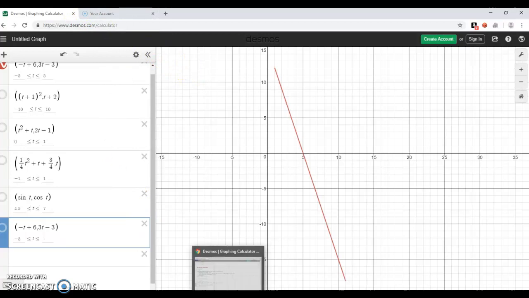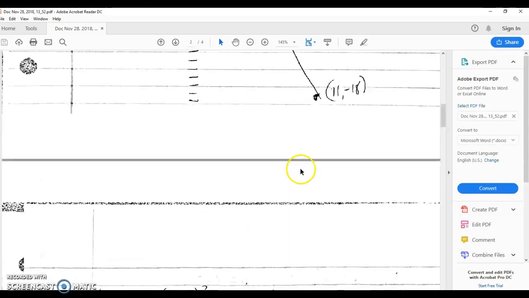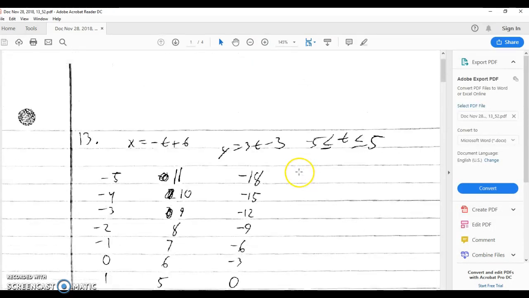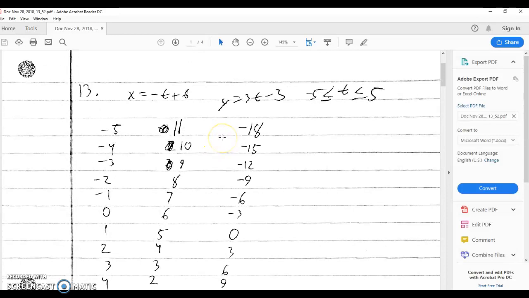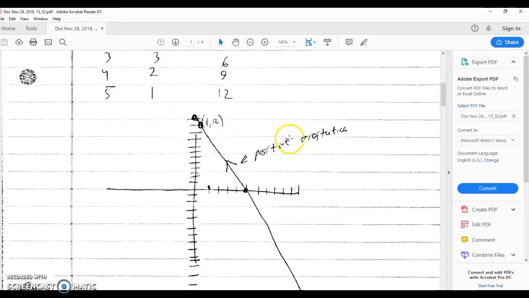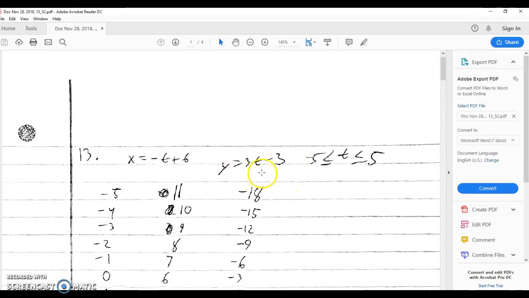Okay, let's go back. The rest of what we were supposed to do on that problem is eliminate the parameter and then describe the curve. So if we're going to eliminate the parameter on this, we would have to solve these for t.